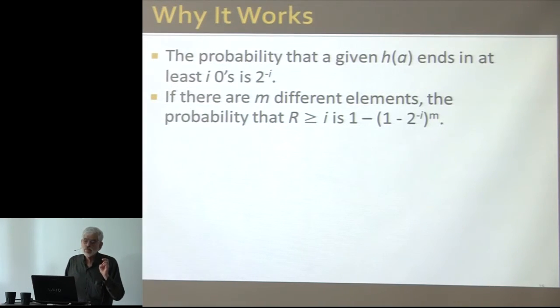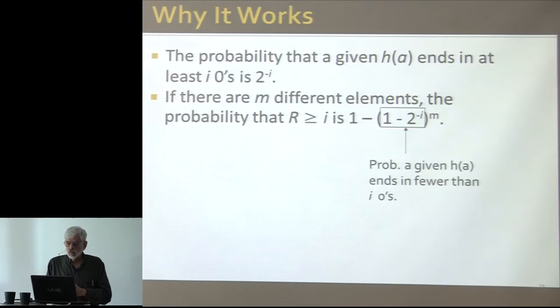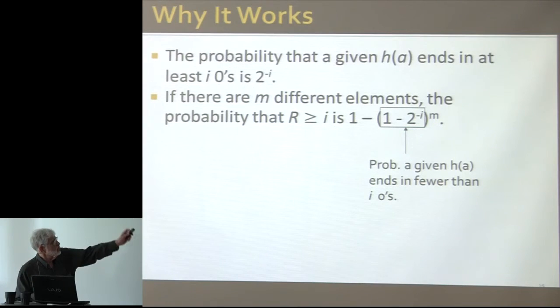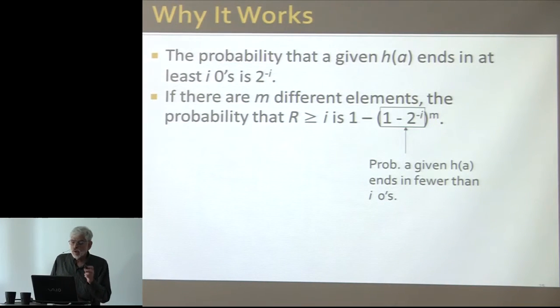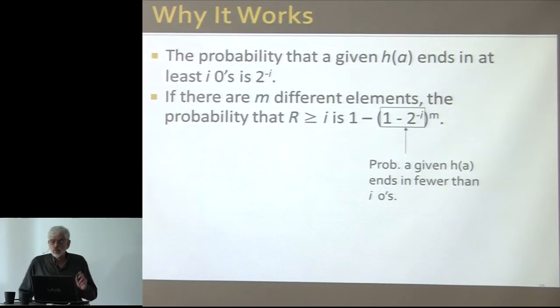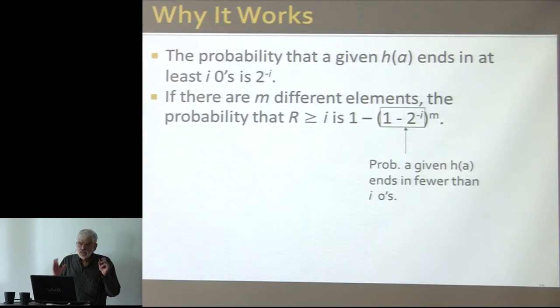So what is the probability that R is at least i? I claim it's this formula. 1 minus 2 to the minus i is the probability that a given h of a doesn't have a tail of i or more zeros.